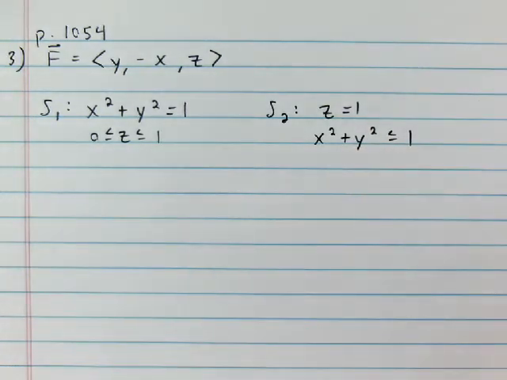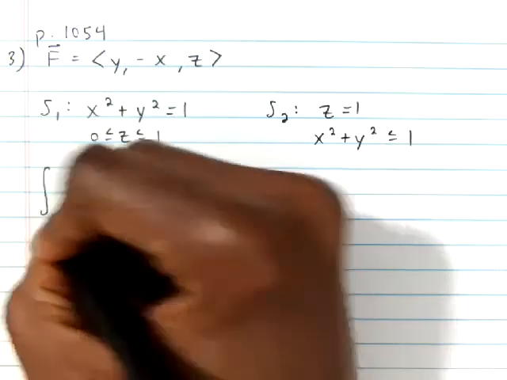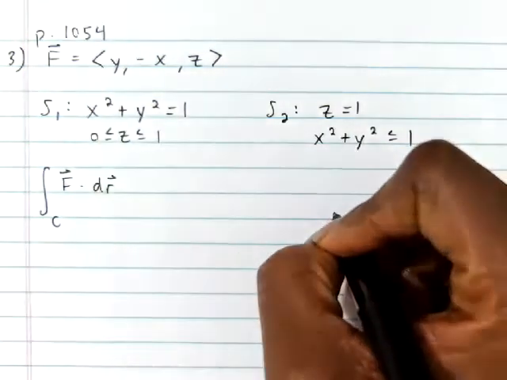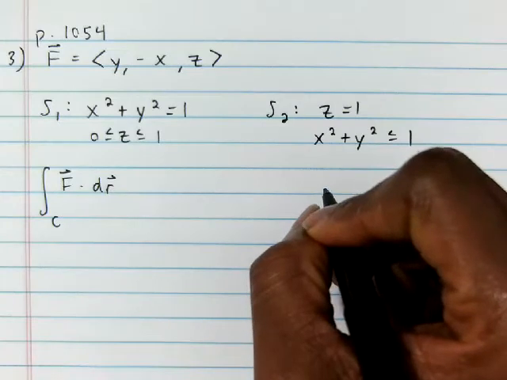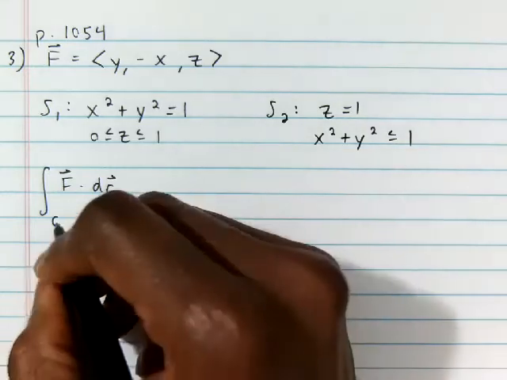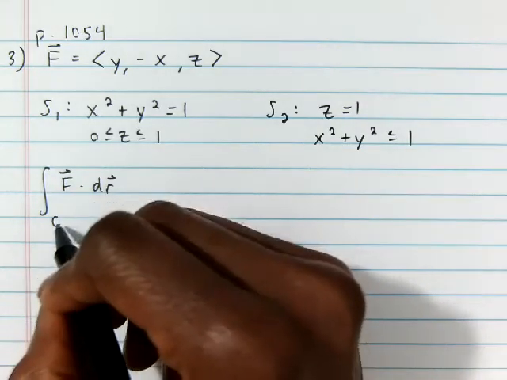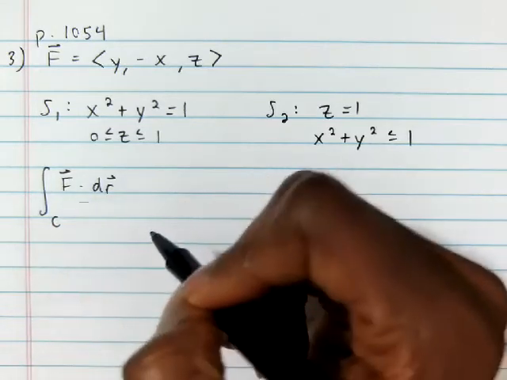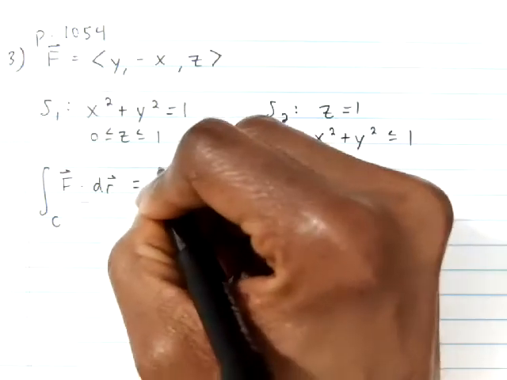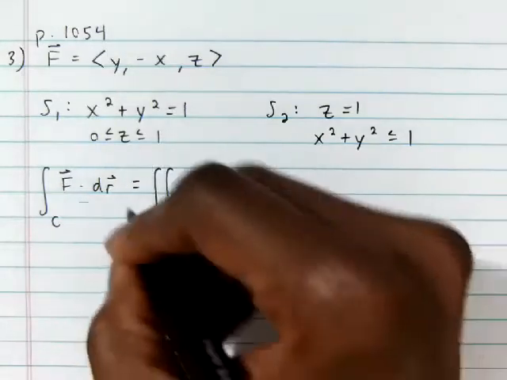So now what we're asked to do is evaluate this line integral. Now if our hand wasn't being forced, we could go through and find what the boundary curve C is, and then just parameterize that and evaluate this directly. But we don't have that option because they said we have to use Stokes theorem, which means they want us instead to evaluate the surface integral over these two surfaces, and add them together.